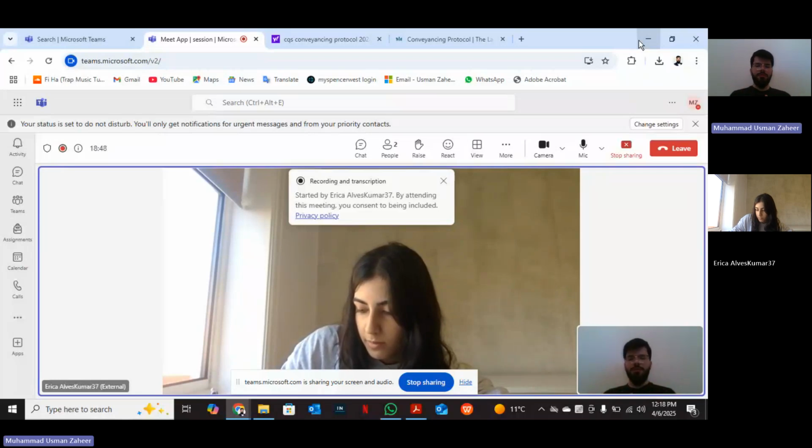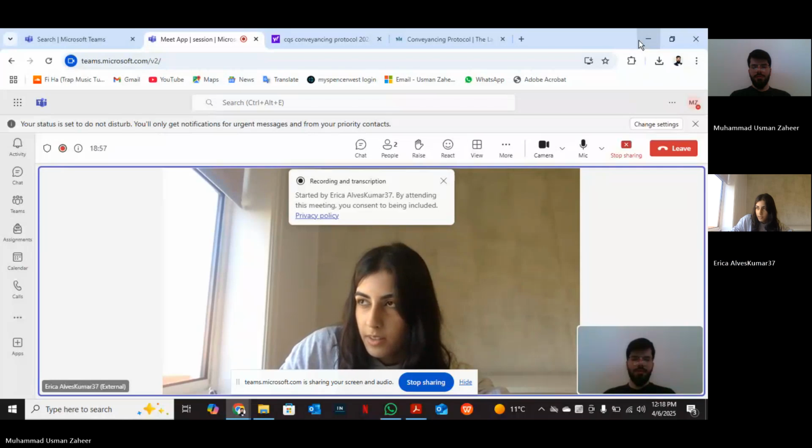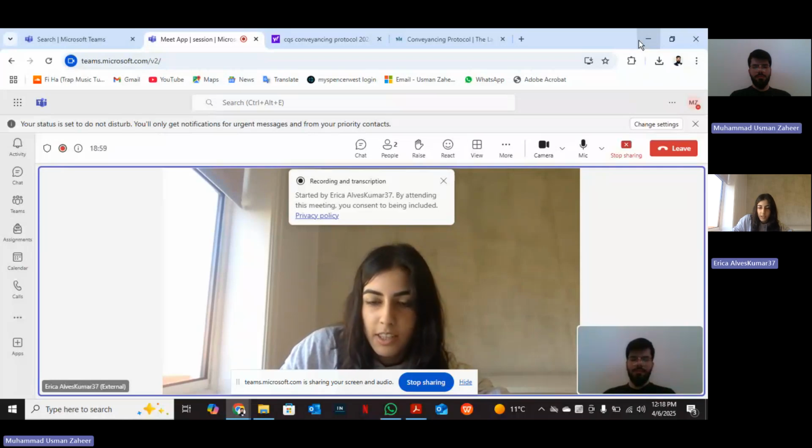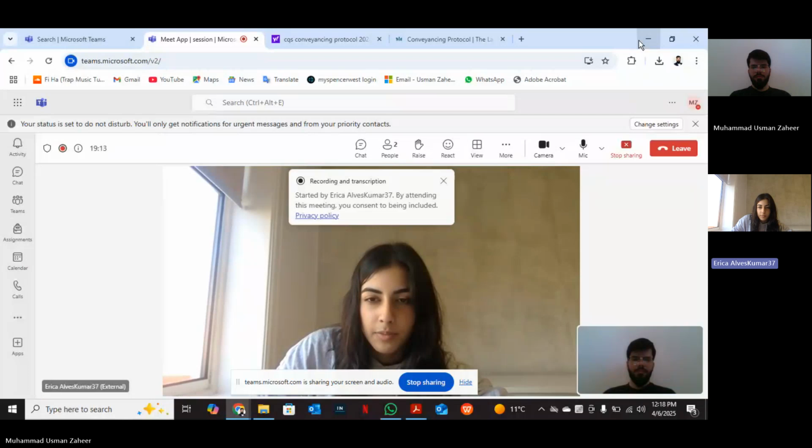So what's the difference between a deed and a lease? A deed is official, so it goes through the process of being signed, witnessed, and delivered. And a lease is more of an agreement between the landlord and the tenant. Are you sure?